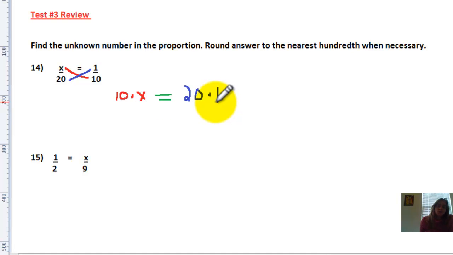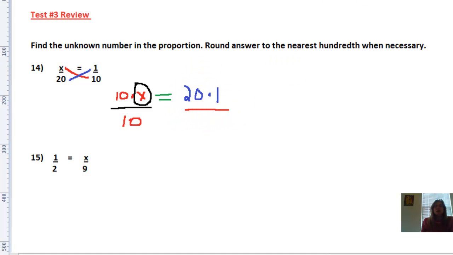And anytime you have multiplication with your x, or with your variable, the way to isolate your variable, or to get your x standing all by itself, is to do the opposite function. So you have 10 times the x. So now if you divide by the 10 on this side, and whatever you do to this side of the equal sign, you have to do to the other side.